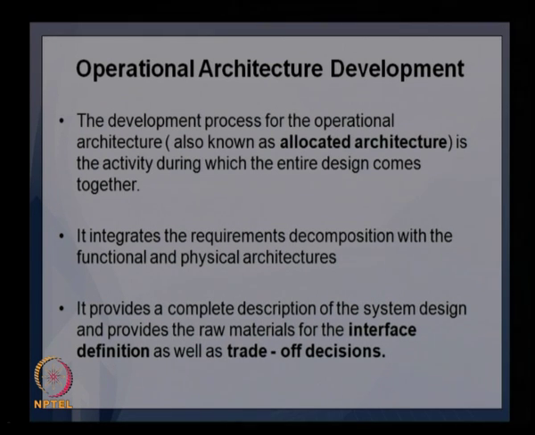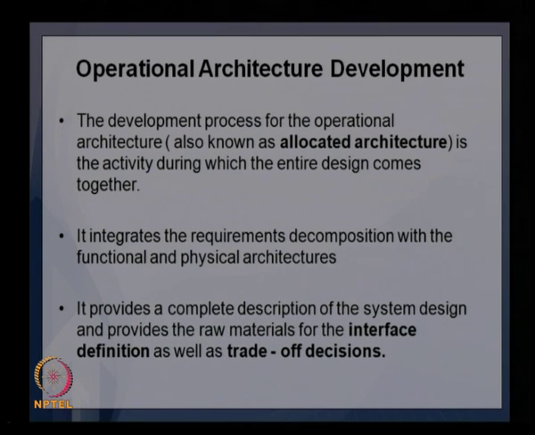So, we have the requirements decomposition and we have functional and physical architecture. We try to integrate these things together in this stage, and it provides a complete description of the system design and provides the raw material for the interface definition as well as trade-off decisions. As you know, in the physical architecture development we have many systems and subsystems, and we need to have the system and subsystem interfaces along with the model.